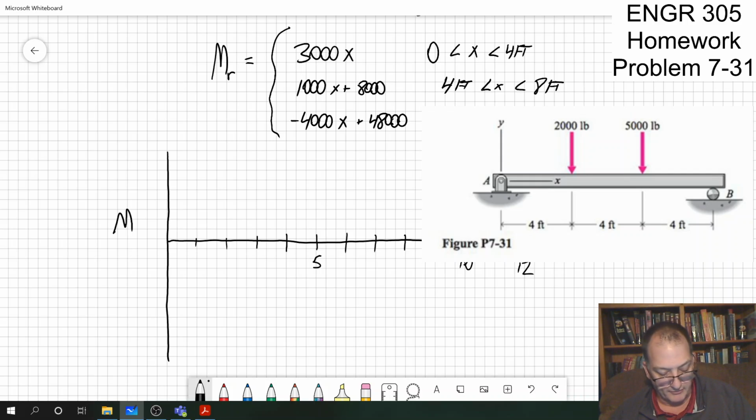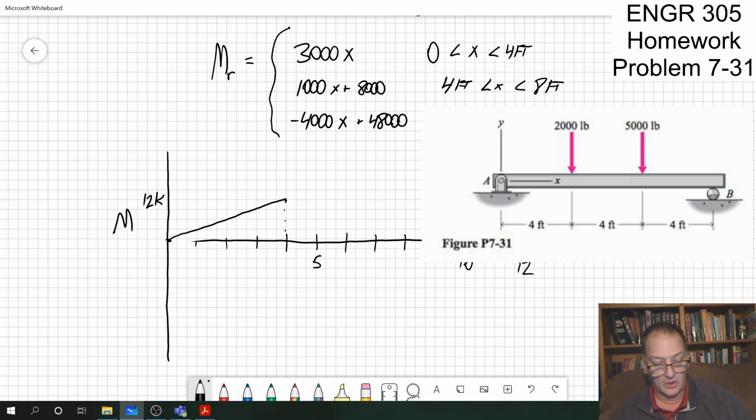So from 0 to 4, I can do better than that. Sorry. I can do 4 squares. 1, 2, 3, 4. So it's 3,000 per. That's 12K. And then, okay, so that's true for that.